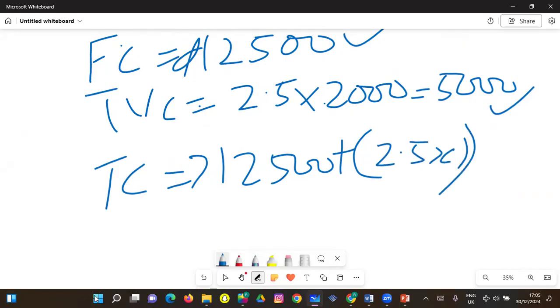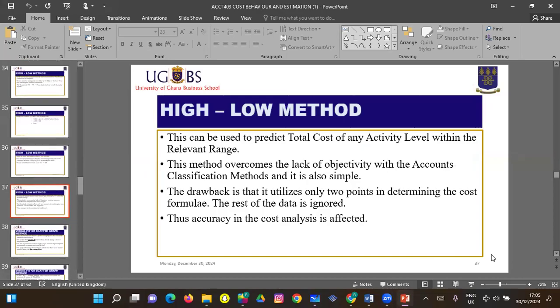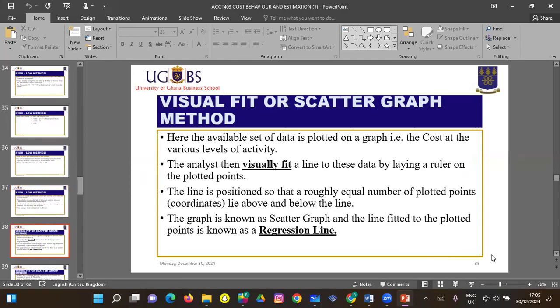So that's basically it. That's the same thing here. So this can be used to predict total cost of an activity level within a relevant range. So that's the same process we've done, right?